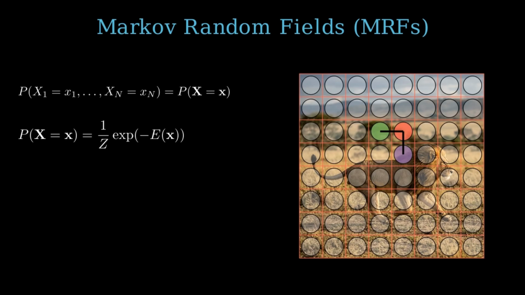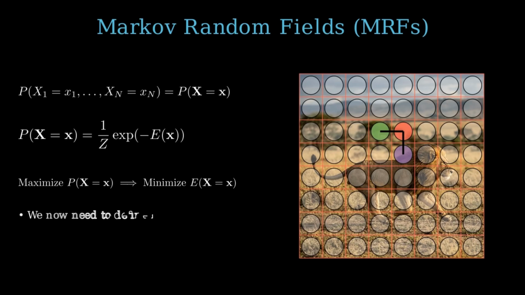Mathematically, because the exponential has a negative sign, maximizing the probability is identical to minimizing the energy function, E of x. Therefore, the core challenge of image generation now becomes an energy minimization problem. We now need to define this energy function, E of x, very carefully, such that a photorealistic image will naturally drop into a low energy state, while a noisy, unrealistic image will have a very high energy penalty.